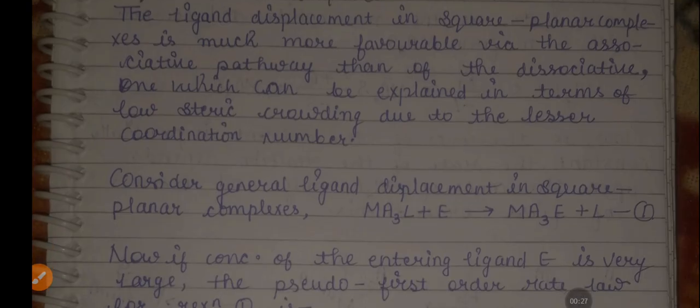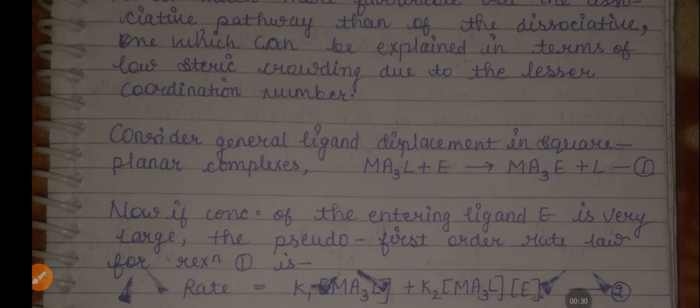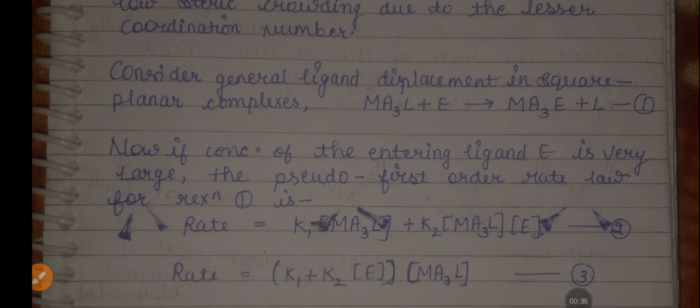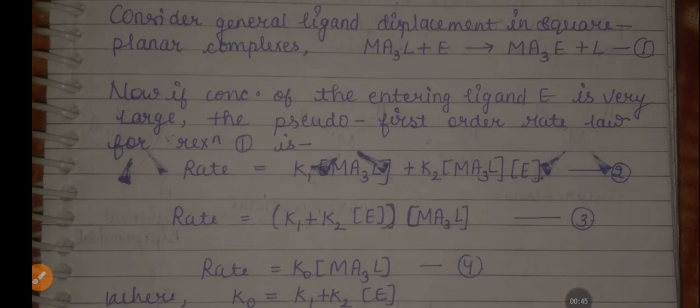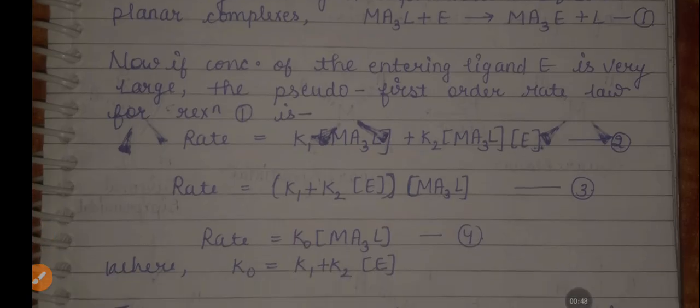Consider general ligand displacement in square planar complexes: Ma3L + E → Ma3E + L. Equation first. Now, if the concentration of the entering ligand E is very large, the pseudo first order rate law for reaction first is: rate = K1[Ma3L] + K2[Ma3L][E].